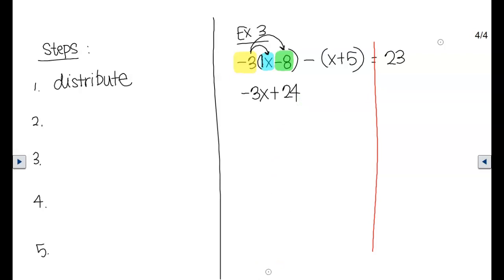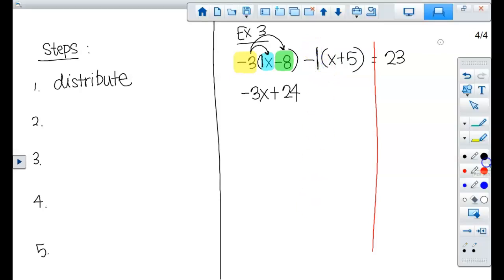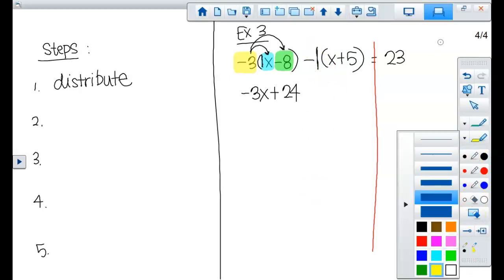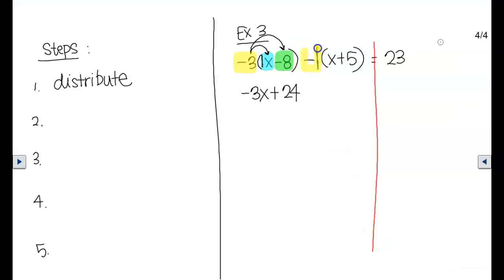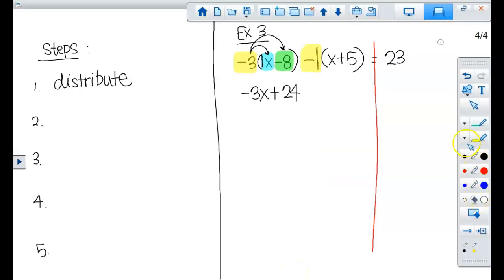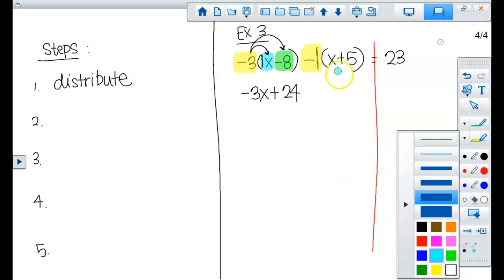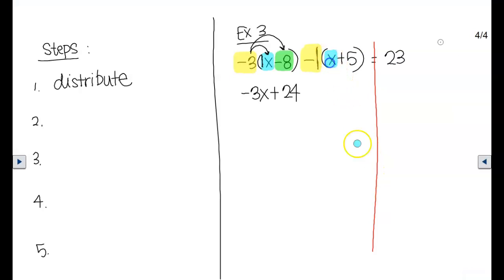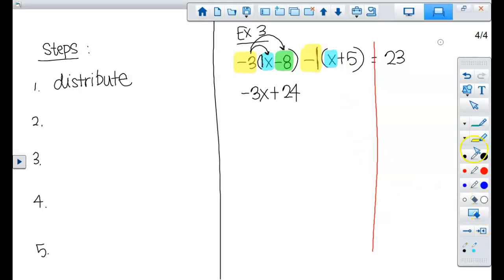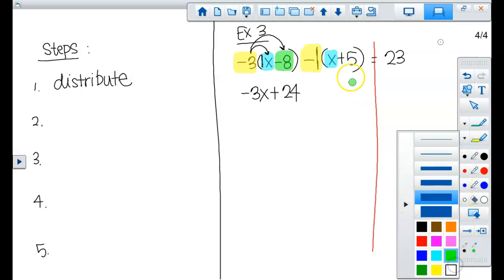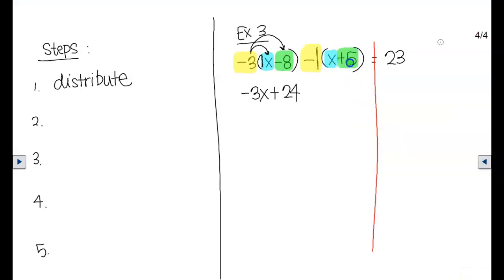Now, when we get over here to the second group, you'll notice that there's not a number here in front of the parentheses. Remember, that means there's an invisible 1 there, and I would definitely suggest that you write that there. So you are going to be distributing a -1. Negative because there is a minus sign in front of him. Now, the 2 members of this group are 1x and positive 5.